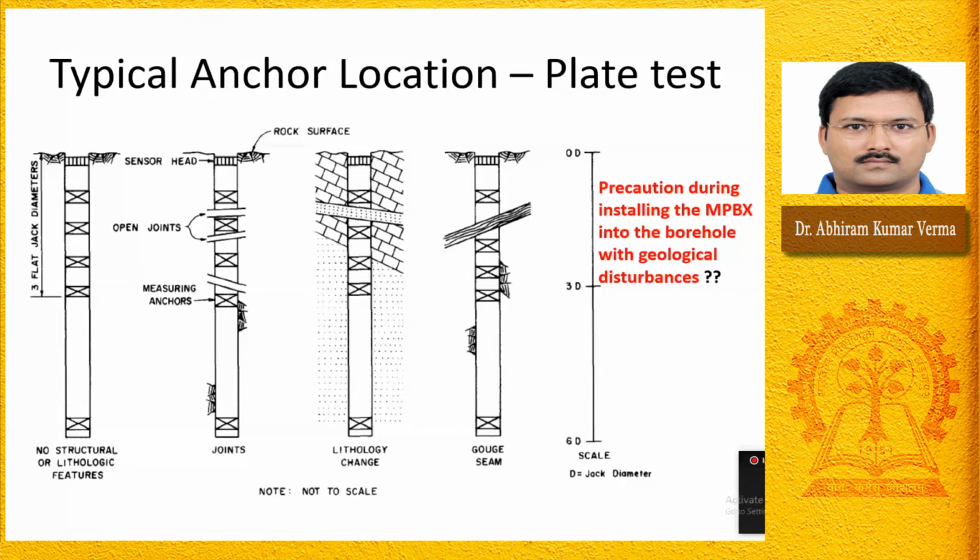So to know the effects of the rock mass where the joints are very small and very frequent, not very open, in that case we have to have two anchorages side by side. Similarly, you can have other examples where we can choose the location. That's why borehole cameras are used to fix the location of the anchorage before the test.